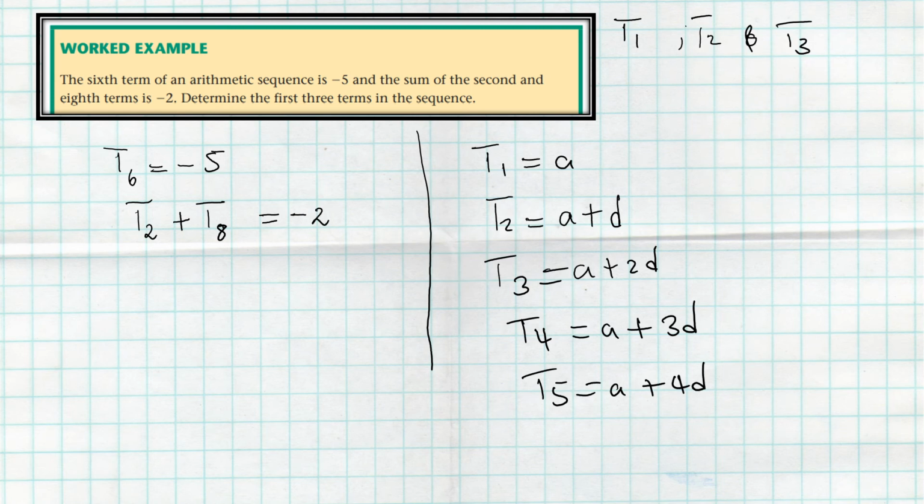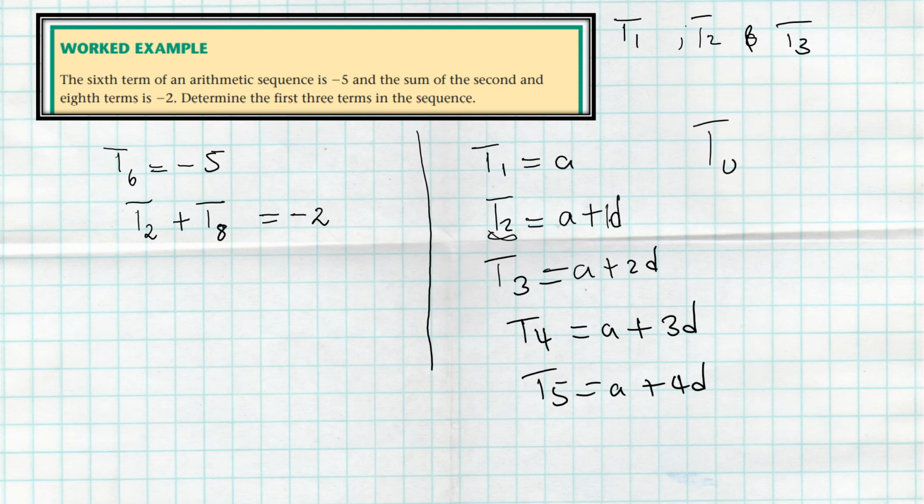You can actually see a certain trend or pattern in the way we express an arithmetic sequence in terms of A and D. Term number 2 is A plus 1D, term number 3 is A plus 2D, term number 4 is A plus 3D. You can see the trend. If it's term number 4, I will say A plus 3D. You can try to memorize that trend.